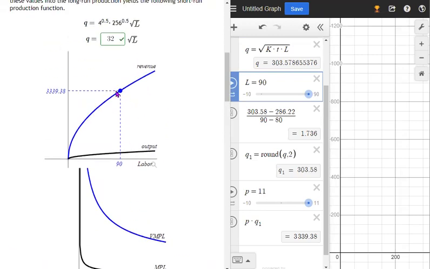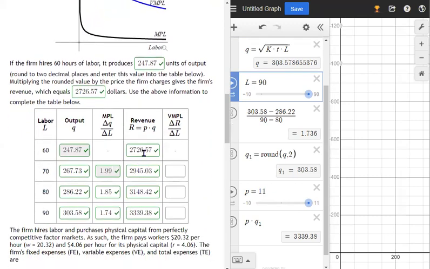Okay, so what is the slope of the value of marginal product of labor curve? How do we calculate the slope? Well, we can take the derivative of this function, and then plug 90 into that derivative, or we can do like we did before. We can take the differences in revenue and divide them by the differences in labor for each pair of points here, right?